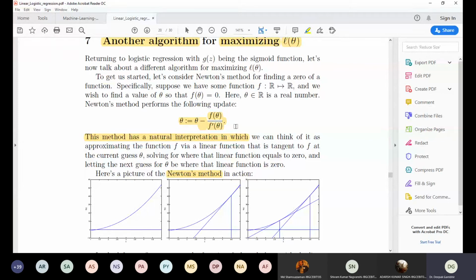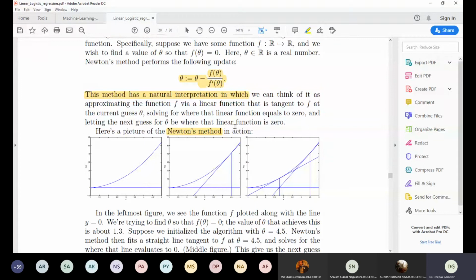Now if you see, according to the Newton update rule, suppose this is the function. The first graph is the function in which we want to minimize the output. Remember, we want to find the values of theta which would give the minimum value of the summation of y minus h theta whole square. The y is the output given by the examples, and h theta is the output given by the values of theta considering the input features as x.